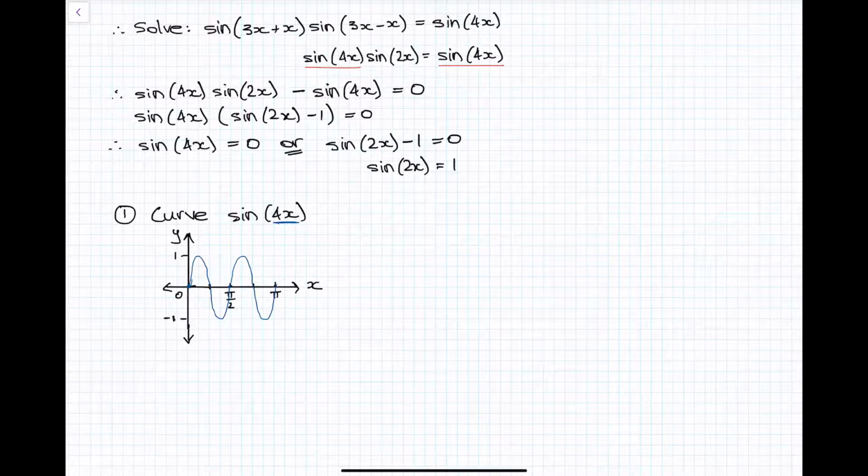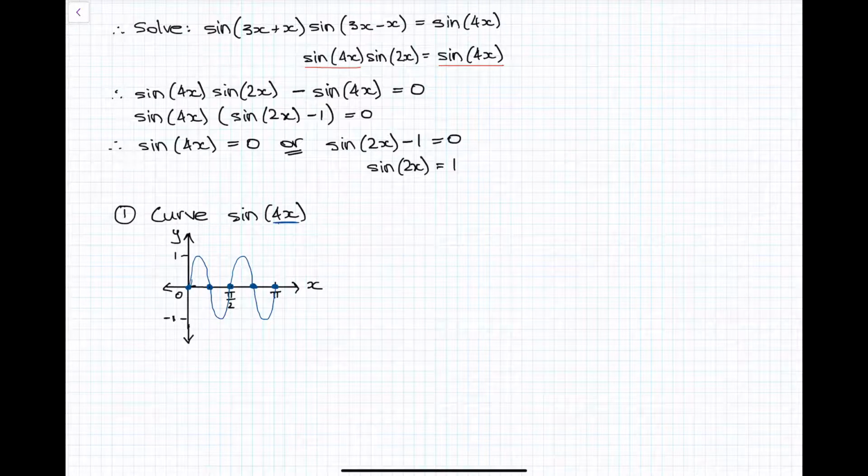In terms of when that curve hits y equals 0, or the x-axis, that happens at x equals 0, x equals pi on 4, x equals pi on 2, x equals 3 pi on 4, and x equals 4 pi on 4, or pi. That's worth noting.